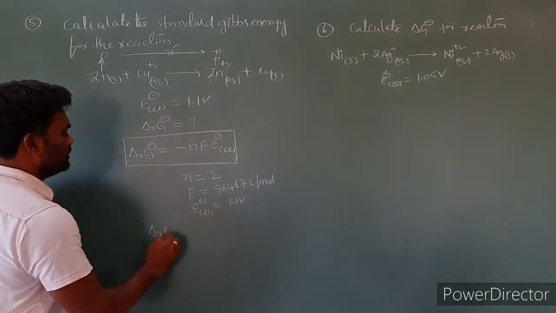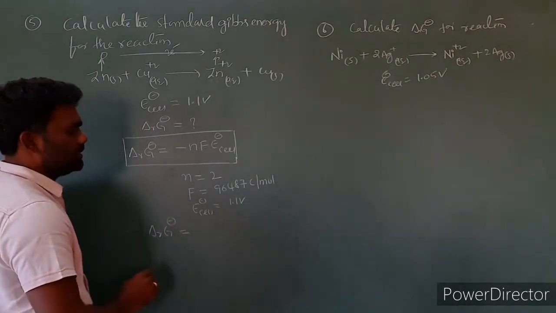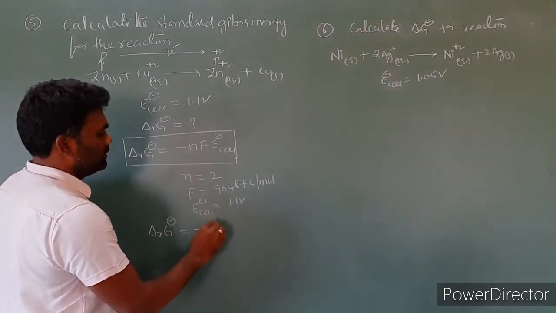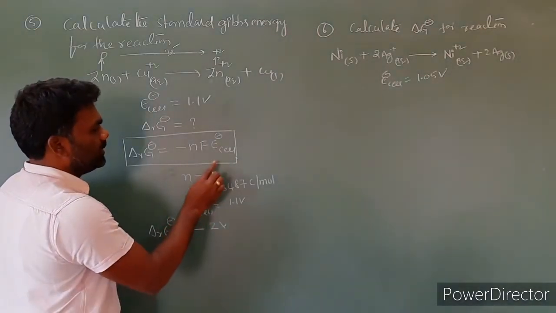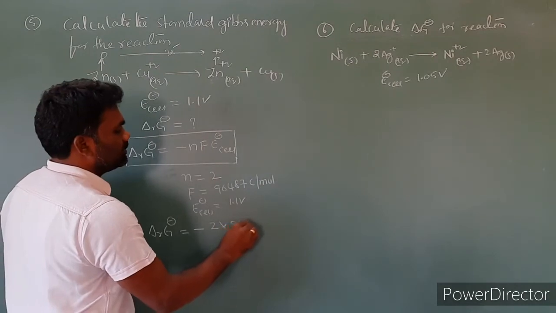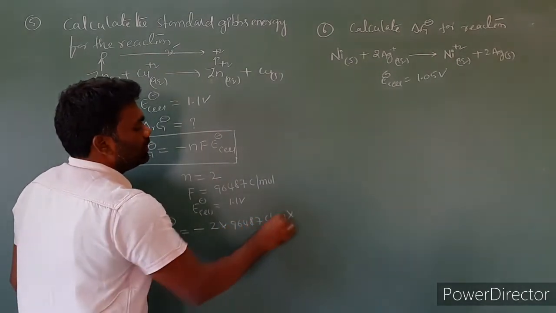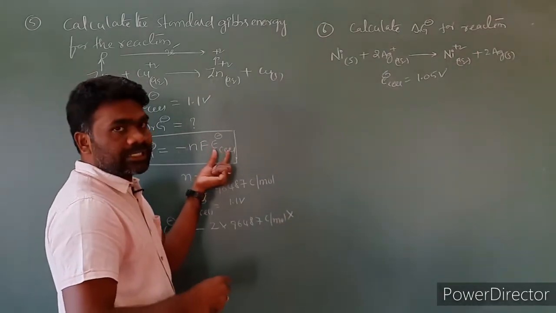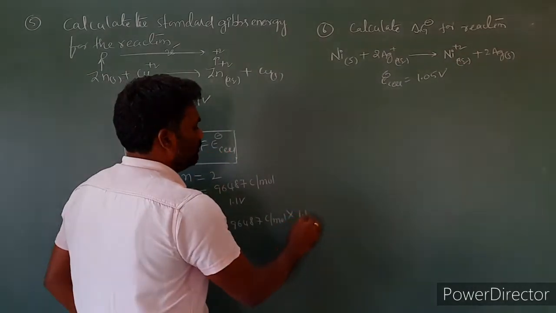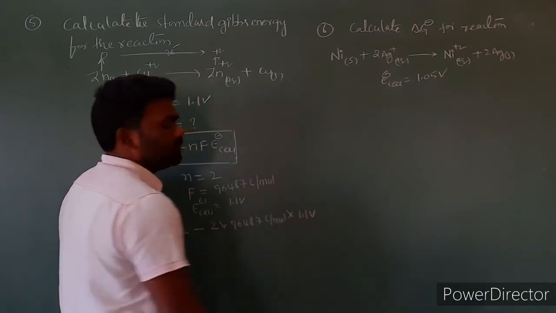Then the standard Gibbs energy is equal to minus 2, n is equal to 2, into F, which is 96,487 coulomb per mole, into the standard potential of the cell, 1.1 volts.